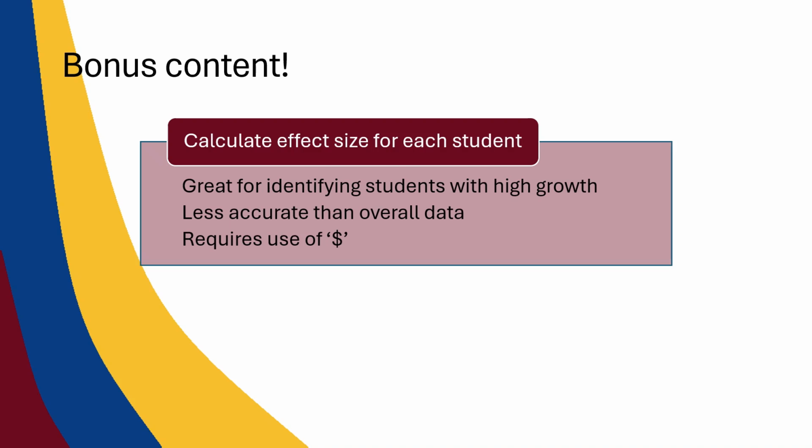Now, this is a bit more complex than calculating effect size. We're going to have to use the $ in Microsoft Excel. The $ is a useful tool, and what it does is it tells Excel not to change the cell that you're referring to in the formula when you copy the formula into other cells.